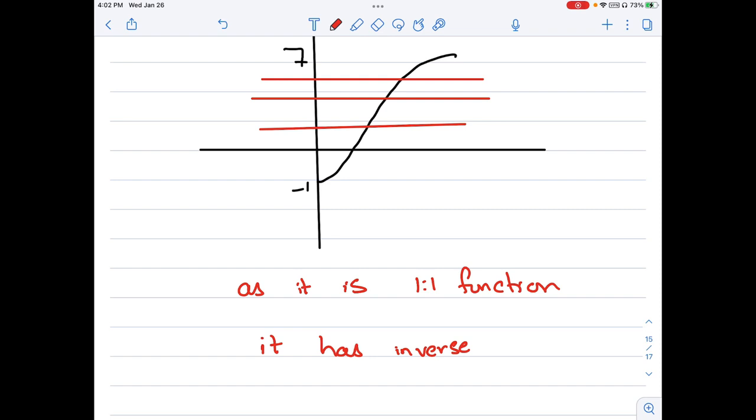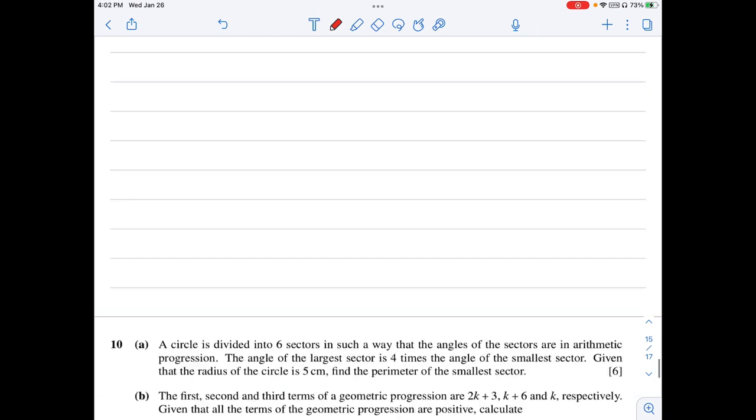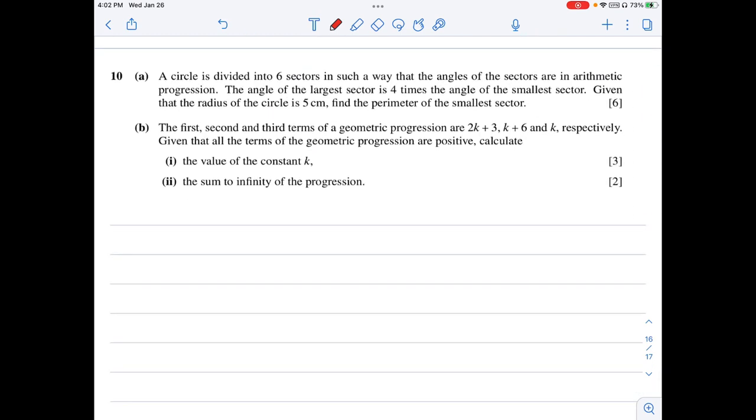That is the answer. Now we shall go to the next question. 10th question. A circle is divided into 6 sectors in such a way that the angles of the sectors are in arithmetic progression. The angle of the largest sector is 4 times the angle of the smallest sector. So, first sector is a, second sector is a plus d, then a plus 2d, a plus 3d, a plus 4d and a plus 5d.